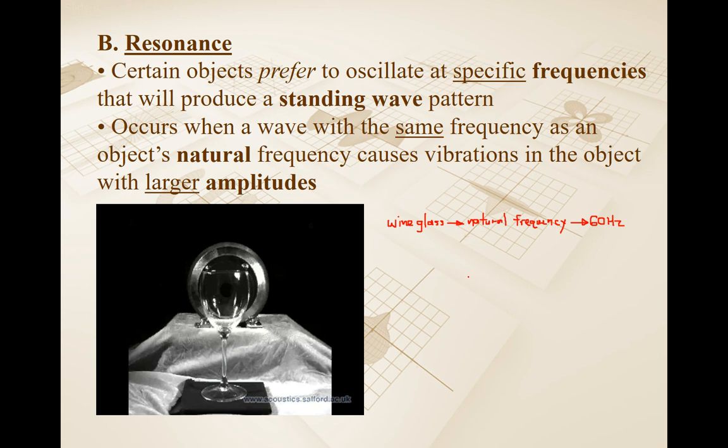60 hertz natural frequency. Behind this wine glass, we have a speaker. Now, what this speaker is going to do is produce an external wave in the form of a sound wave.